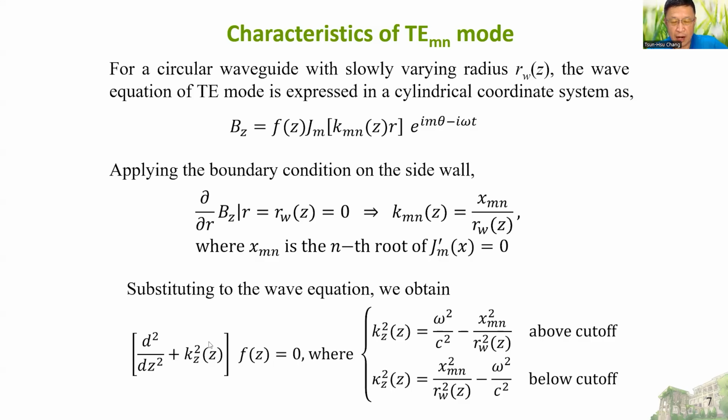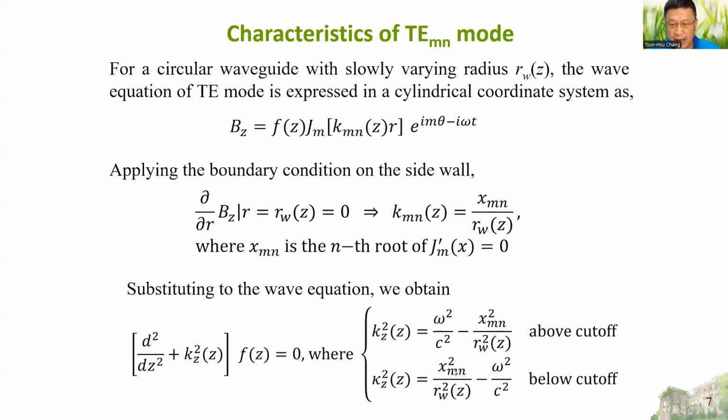The transverse component has been cancelled, and f is a function of z, a second order ordinary differential equation. And k_z, remember we have two sections. k_z can be determined from this equation. If this is above cutoff, then k_z will be real, a propagating wave, forward propagating or backward propagating.